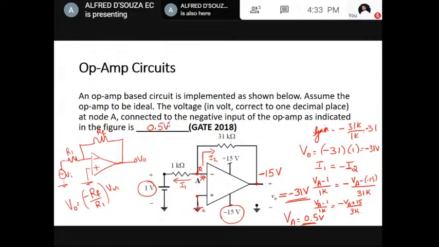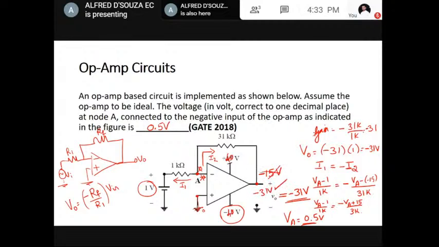So whenever you are in doubt, always apply KCL at this particular node. Don't go with the virtual short always. If the output was as expected, minus 31, and if by any chance instead of minus 15 they had given minus 40 and plus 40 here, then the output of minus 31 would be well within the limits.